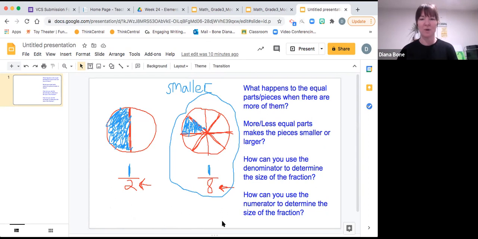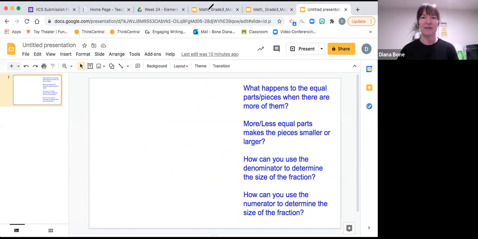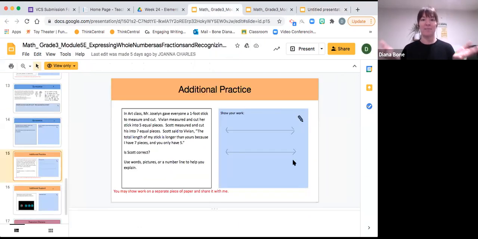Let's go back to our activity and think about Scott and Vivian dividing their whole up. One is divided into 7 pieces, the other's divided into 5. And Scott's like, mine is longer because there's 7 pieces. We really want to go back and tell Scott, let's go back to our reasoning about the size of fractions.